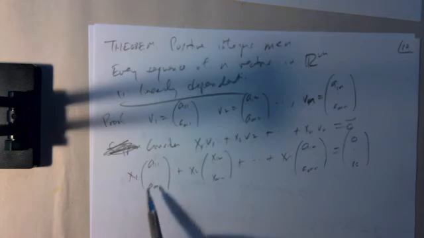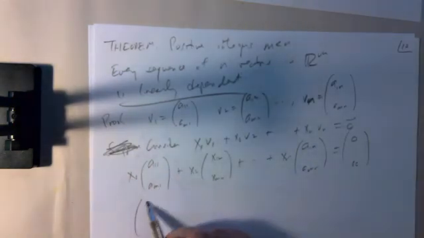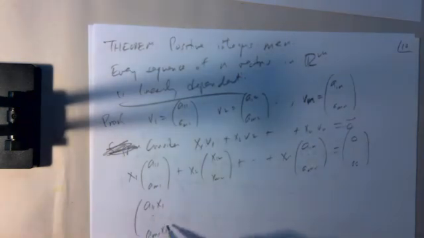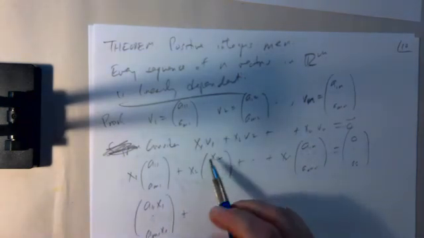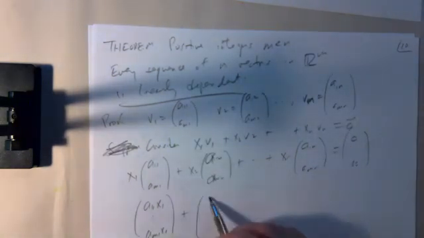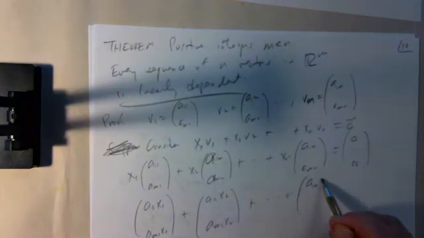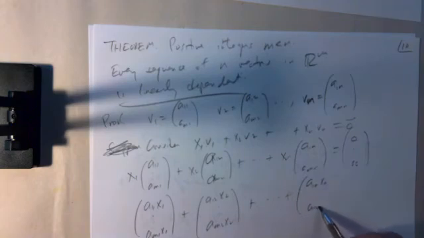Now, if you scale, this is just this times this. I'll write it as a11x1 down to am1x1, plus the vector a12x2 down to am2x2, and the last vector a1nxn down to amnxn, equal to the zeros.